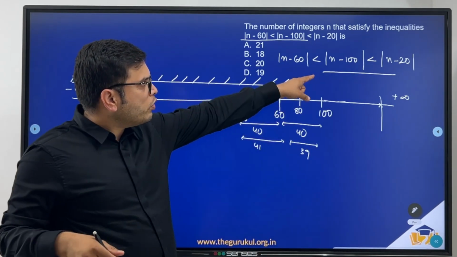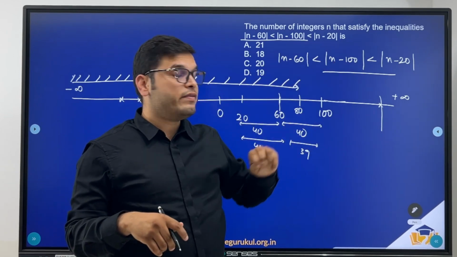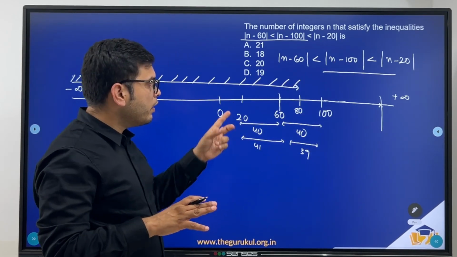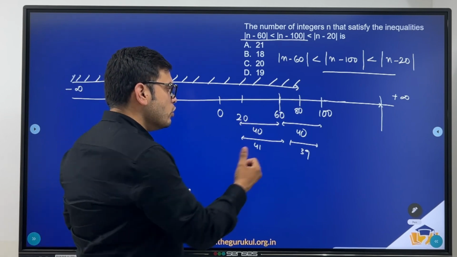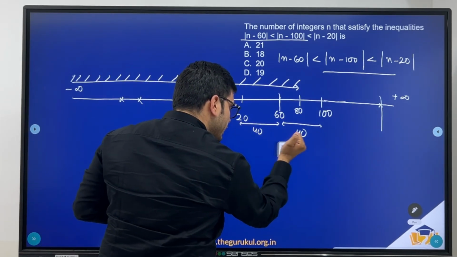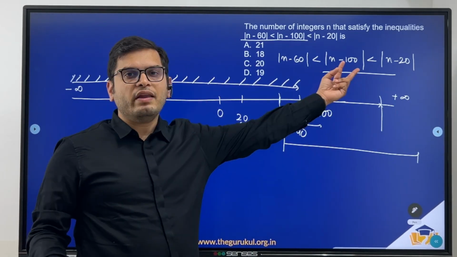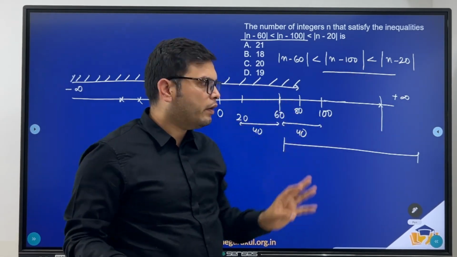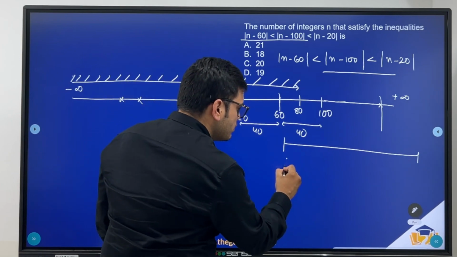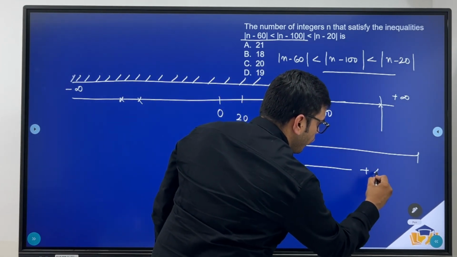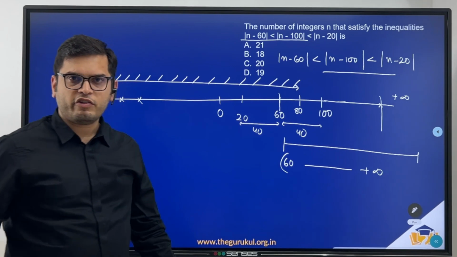Now since modulus of n minus 100 should be strictly less than modulus of n minus 20, the value cannot be 60, right? So for all the integer values from 61, you have this inequality being satisfied, right? So the range of values would be 60 to positive infinity excluding 60.